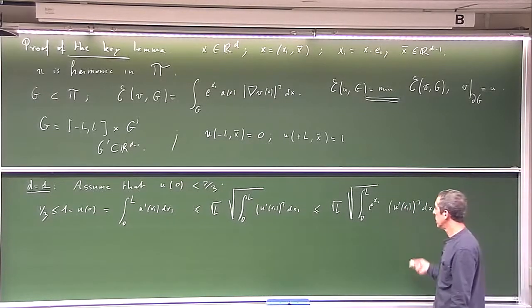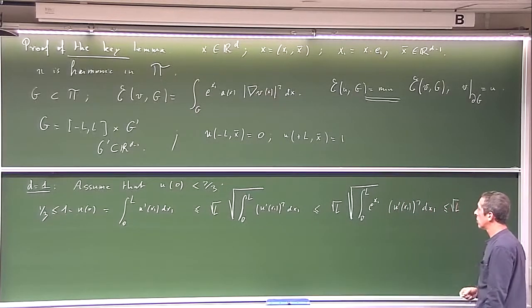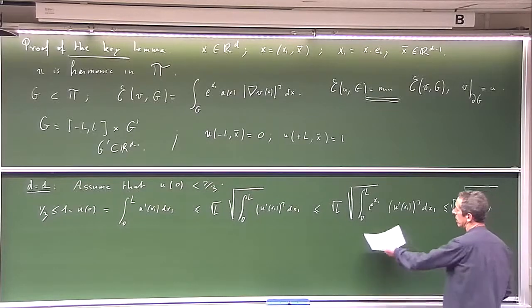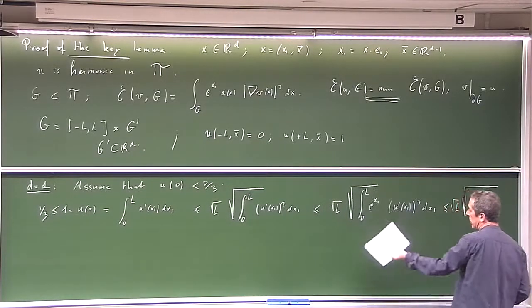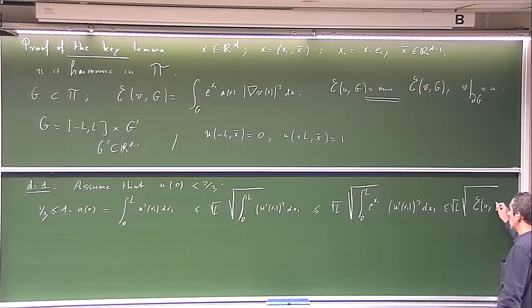And now we have an energy. So this is less than the square root of L times the square root of the energy of U. And then I can put the integral from minus L to 0 and add it. It will remain true. So I can put the energy of U on the whole slab pi.